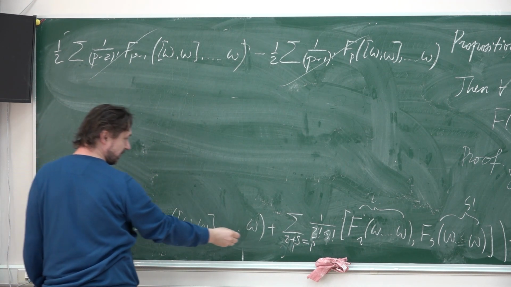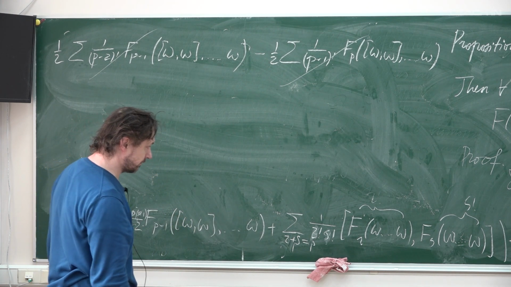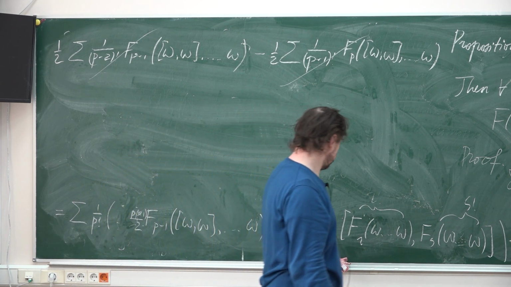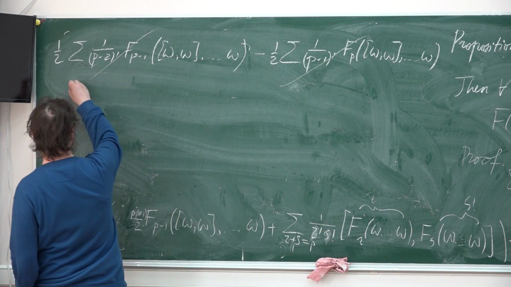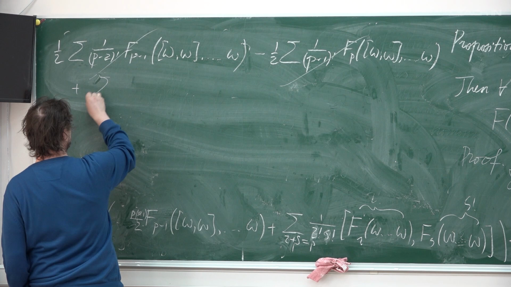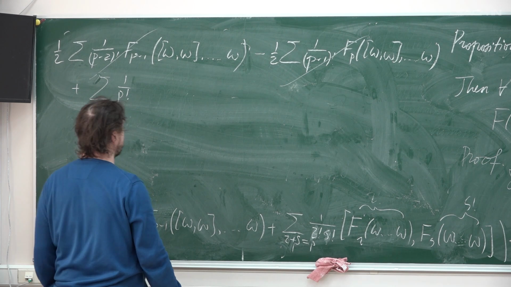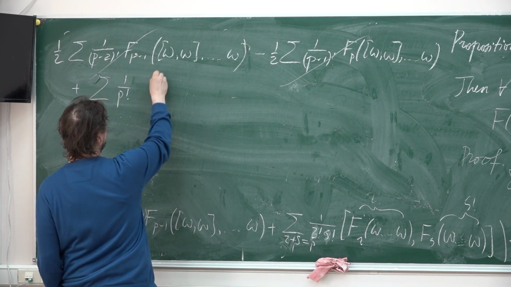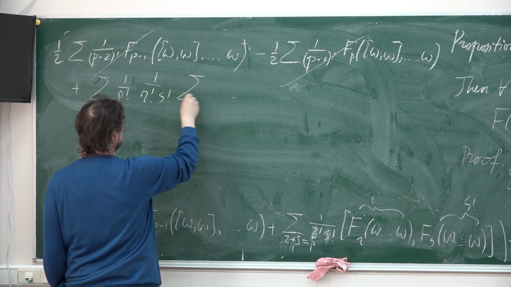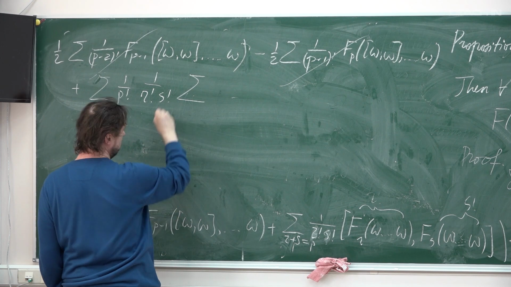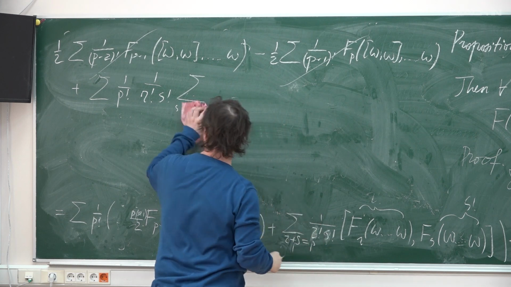Okay. So let me consider this term finally. It's 1 over p factorial, 1 over r factorial s factorial, sum over all permutations. Okay, I think it's better to put it like this.